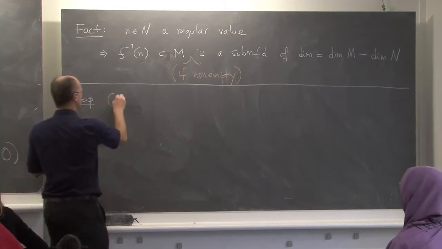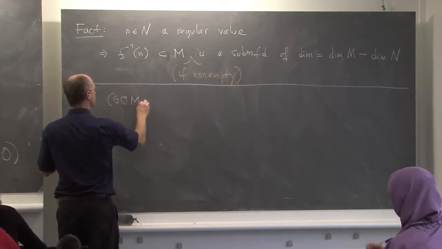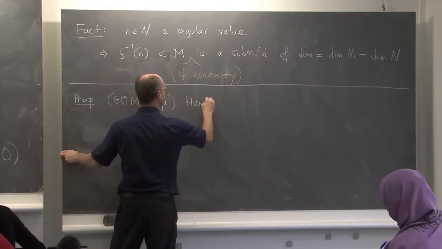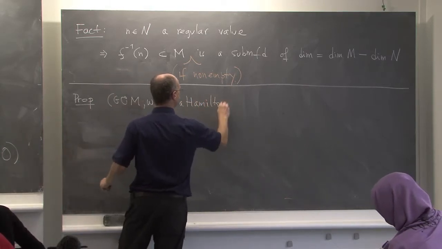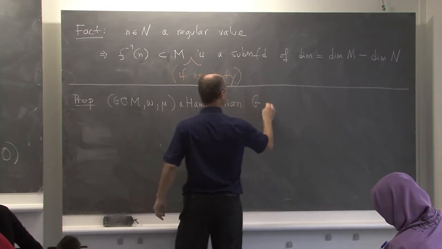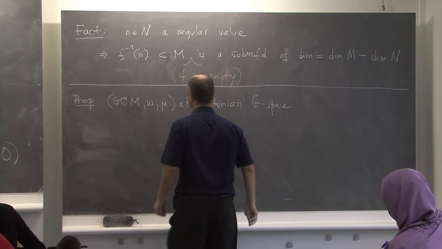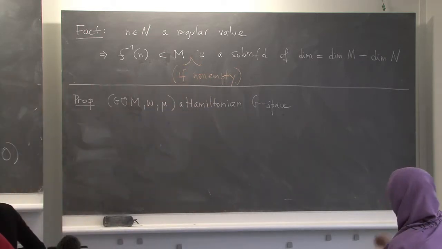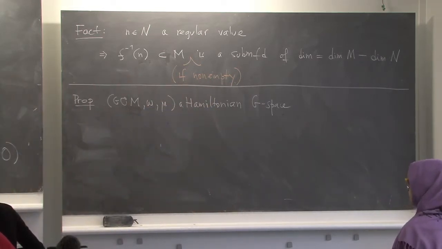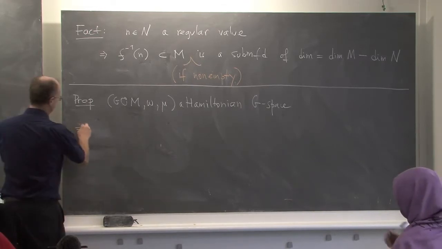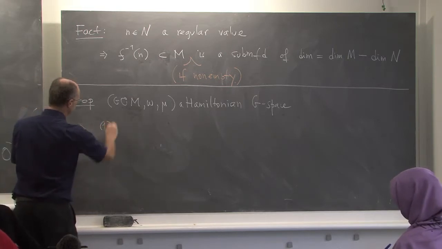So let's say (G, M, omega, mu) is a Hamiltonian G-space. And what do I want? Right. So then two things.